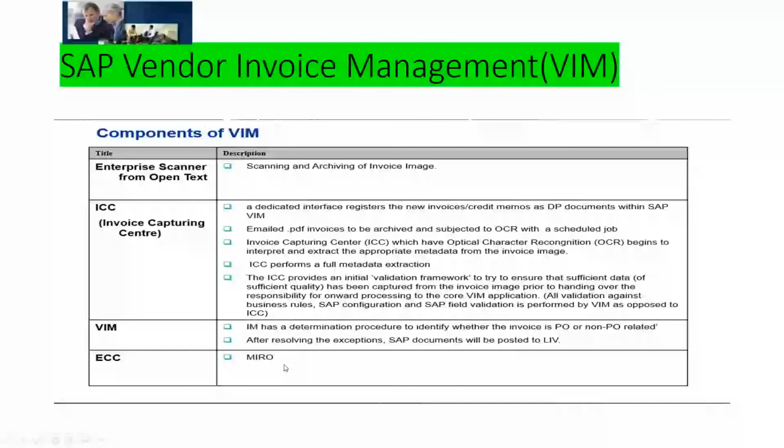When the document is posted, it is a part of ECC or S4 HANA, which means the document is posted to SAP. The document number that got generated, you can check in the relevant transaction code. That is what is happening in ECC.